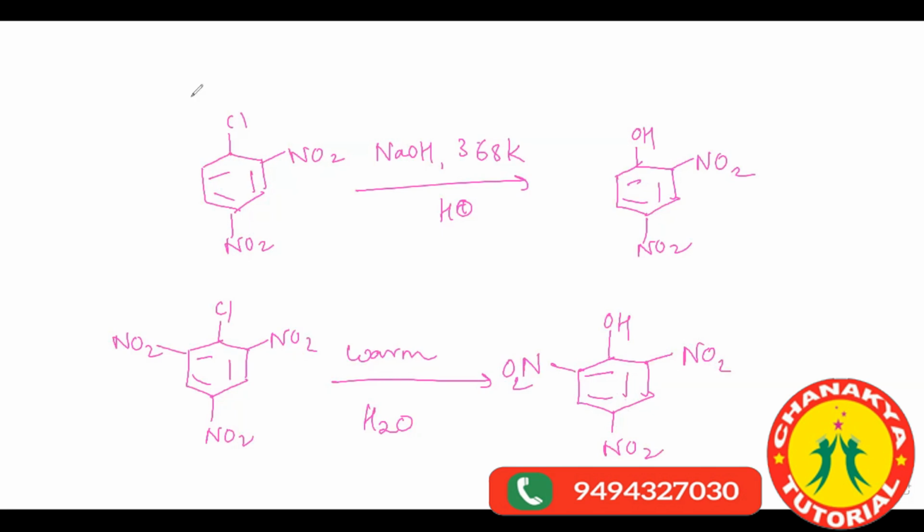If electron withdrawing groups increase, nucleophilic substitution reaction becomes easier. And if electron withdrawing groups increase in electrophilic substitution, that reaction becomes more difficult. Understand? This is nucleophilic substitution. Now we are going to see about electrophilic substitution. Clear? Fine? Okay. Now next one.